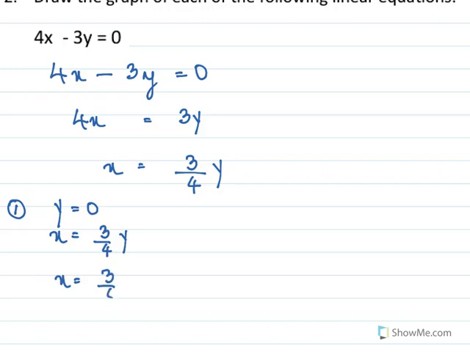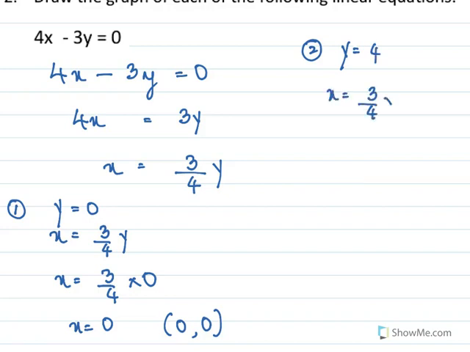So x equal to 3 over 4 times 0, so x is 0. So the point is 0, 0. Now for the second solution, I will take y equal to, say, 4. So we know x is 3 by 4 y. So x is 3 by 4 times 4, it cancels out, x equal to 3. So the point is 3, 4.